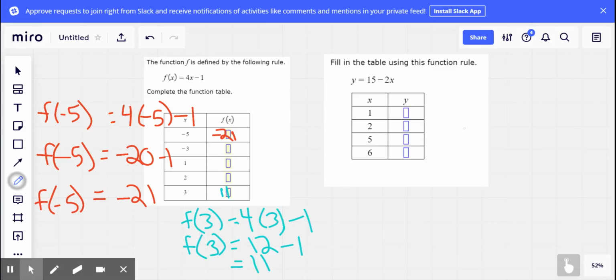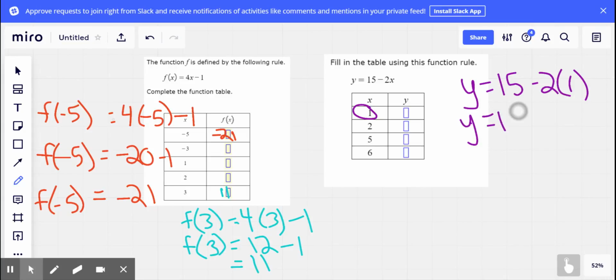So let's change colors. When x is 1, I would have y equals 15 minus 2 times 1, plugging 1 in for x. That would be y equals 15 minus 2, which would be y equals 13. So that goes right there.